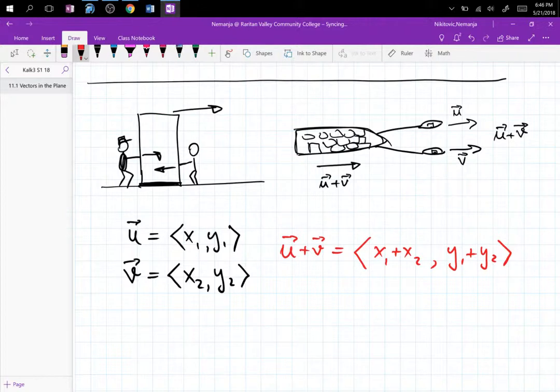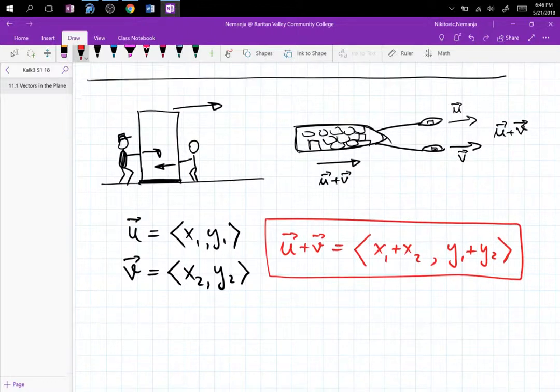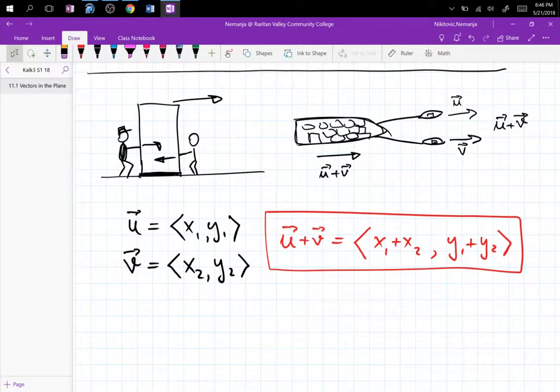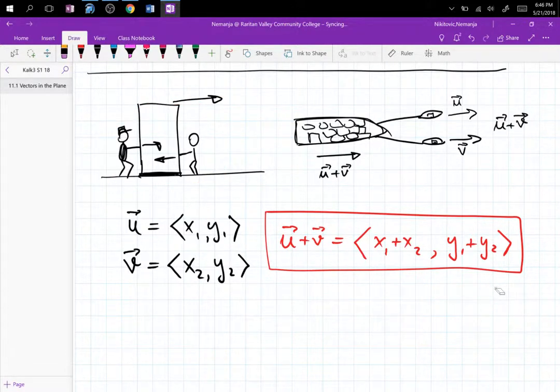And that would be the sum of the vectors. Now, subtraction of vectors is actually the same thing. You just go component-wise. Now, observe the direction. In a situation with pushing the fridge, two guys are pushing in two opposite directions, so their forces, their vectors will actually subtract in that case, and whoever is stronger, the fridge will go that way.